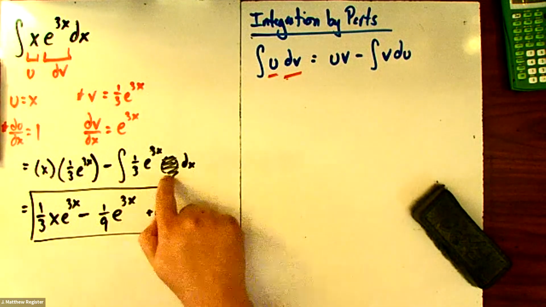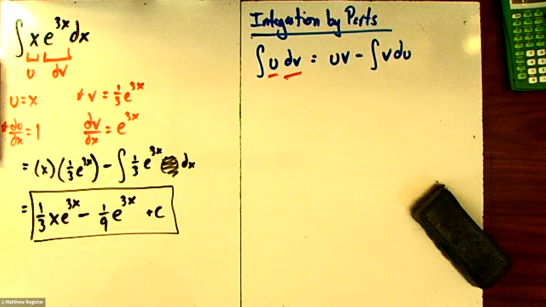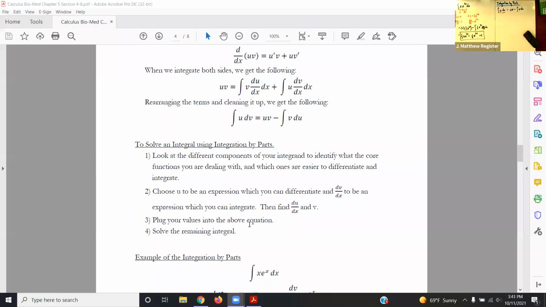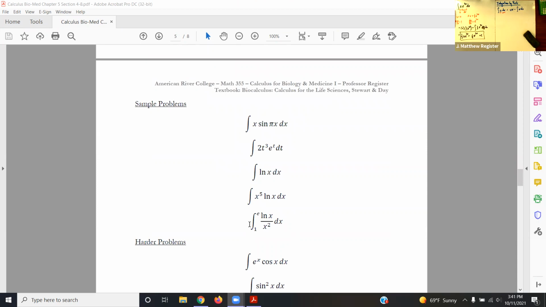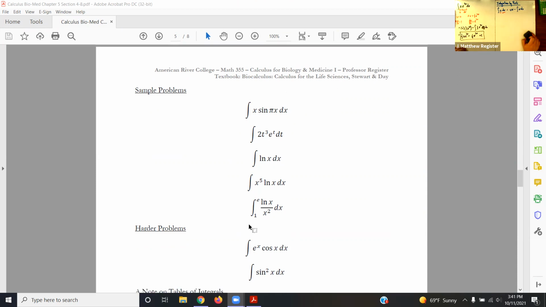You might always have this integral carried along, but as long as you can keep integrating and differentiating, you're good to go. Sometimes you have to do this process multiple times, and that can be a little bit tedious. Again, these problems don't look great, those first 2 at least. So let's try a different one.